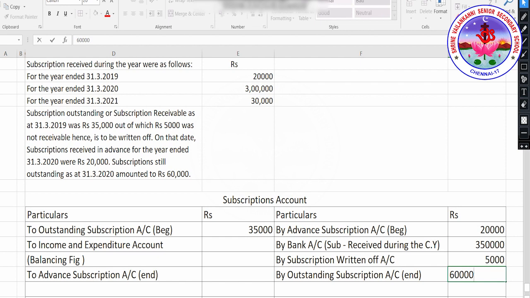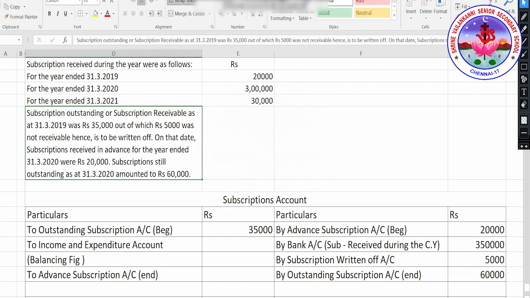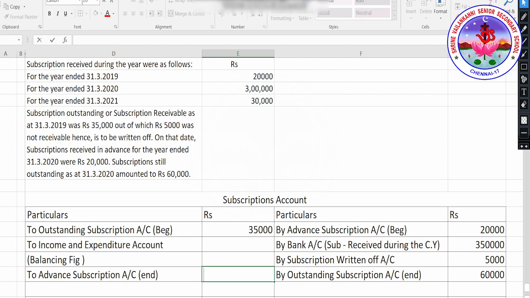Subscription received in advance. Actual amount received in advance for the year 2021, 30,000.